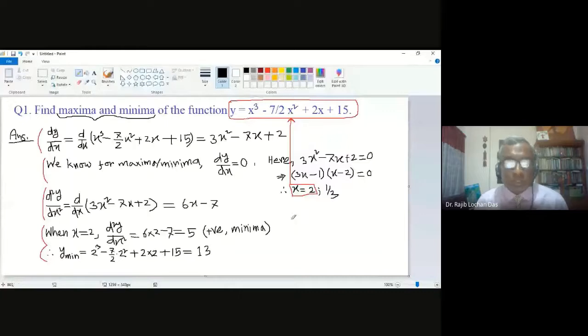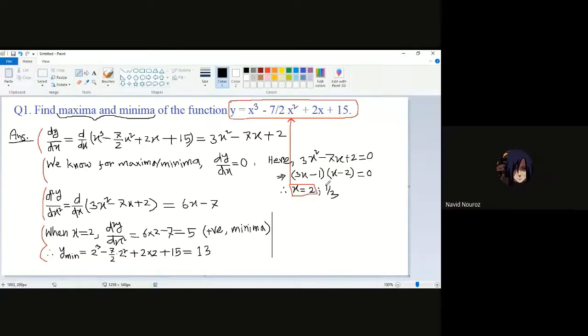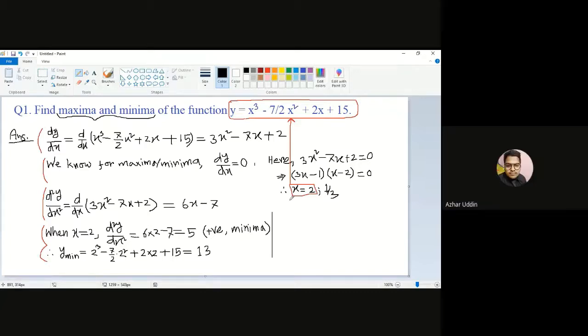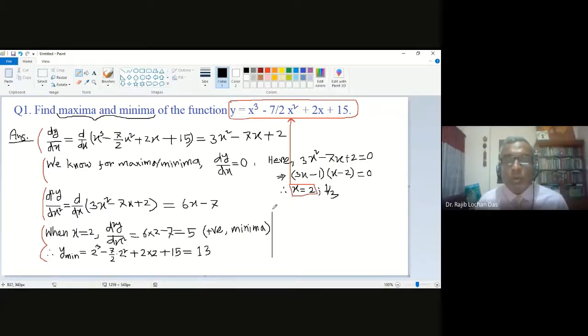So you repeat this calculation, meaning you put x equals 1 by 3 into the second derivative, and then you will know whether it is maxima or minima.